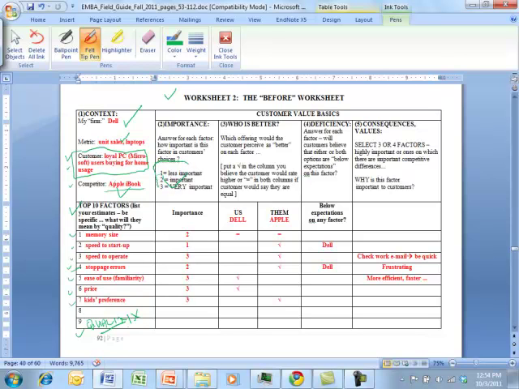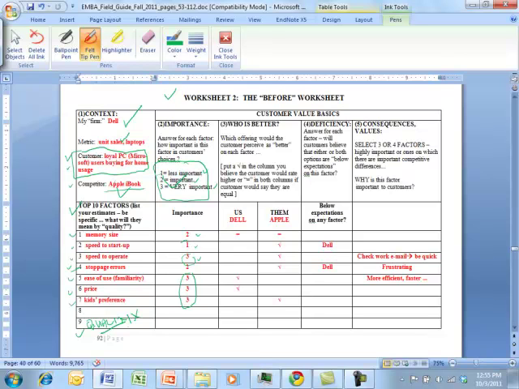Second point of the analysis here is importance. All right, we got varying levels of importance. 3 being absolutely essential, very, very important. 2, somewhat less important. 1, somewhat less important than that. So we've got a little bit of variance here in the estimates. We're going to say that speed to operate, familiarity, price, and kids' preferences are going to be very, very high importance.